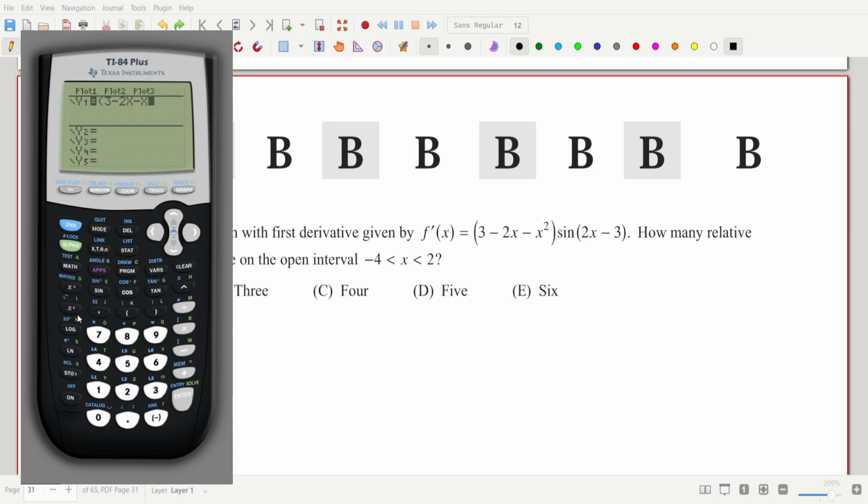Oops. Sine of 2x minus 3. Negative 42 tells me my window. That's 1. That's not 1. That's 2. That's 3. That's 4.